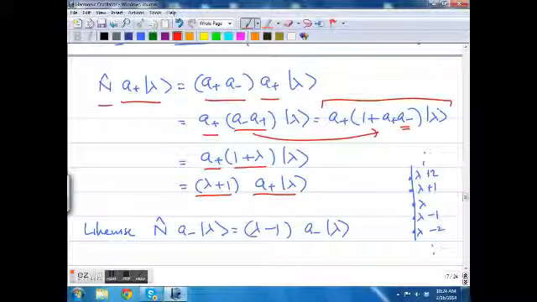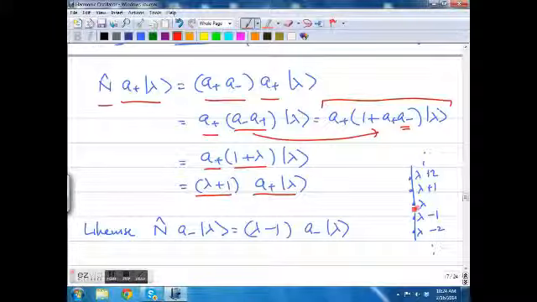So I've discovered that a plus acting on lambda is an eigenvector of the number operator with eigenvalue lambda plus 1. Likewise, we can show that the number operator acting on a minus lambda will return lambda minus 1, and therefore a minus acting on lambda is an eigenvector of the number operator with eigenvalue lambda minus 1. So this is very nice.